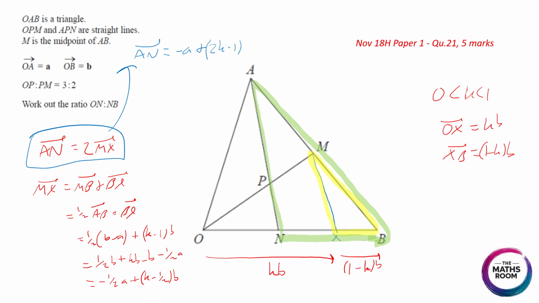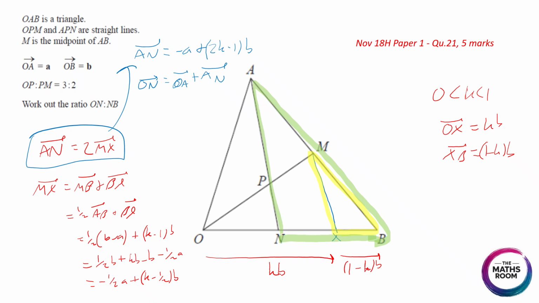Okay, good. Now, I'm interested in the vector O to N. Now, O to N is clearly, I want to go O to A plus A to N. Remember, when you do this question, you know the vector O to N has to be some multiple of the vector O to B, which is little b.